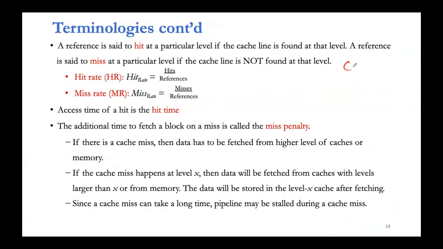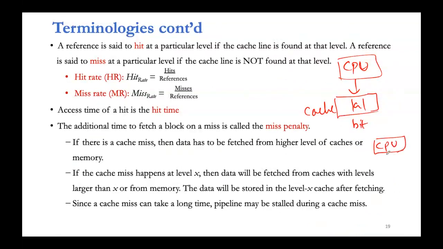When the CPU is requesting data for execution and goes to check in the cache, if the requested data, which in our example is A, is available, then we call it a hit. If the CPU is requesting the data A for execution purposes in the cache, but it is not there, then we call it a miss.